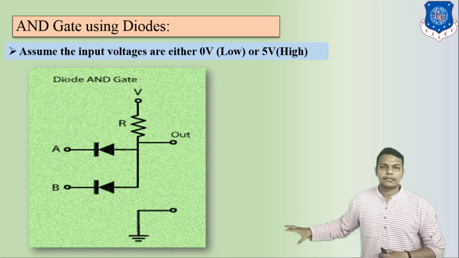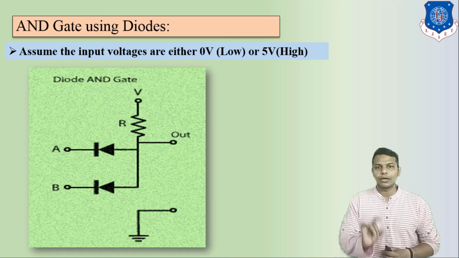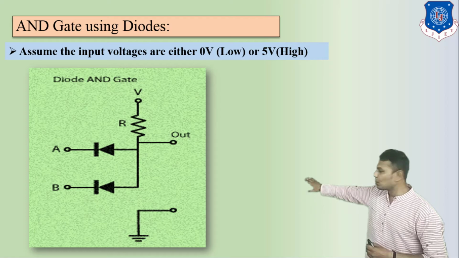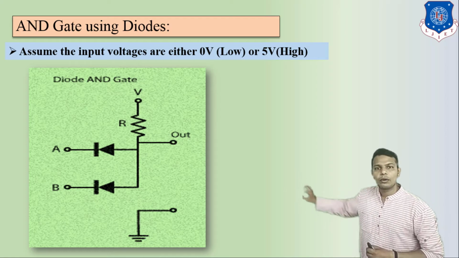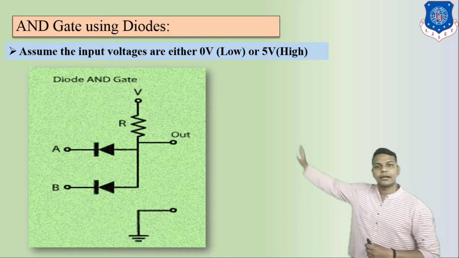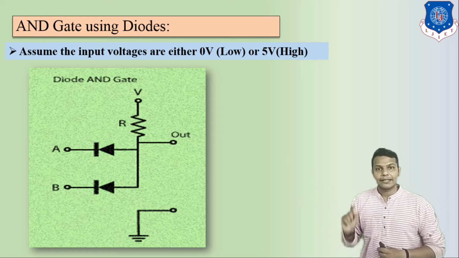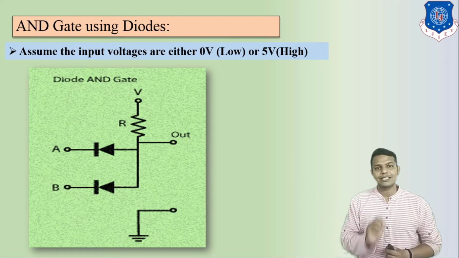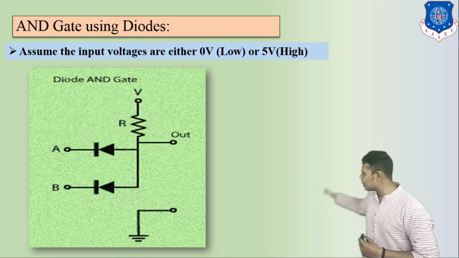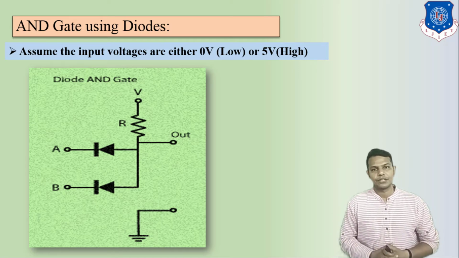So if we apply A equal to 0 and B equal to 0, your output will be 0. Next, if you apply A equal to 0 but B equal to 1, similarly current flows in this direction, because A equal to 0 is still a closed switch. Current always flows through the low resistance, the closed switch, so it flows from B to the A side, and your output will be 0.